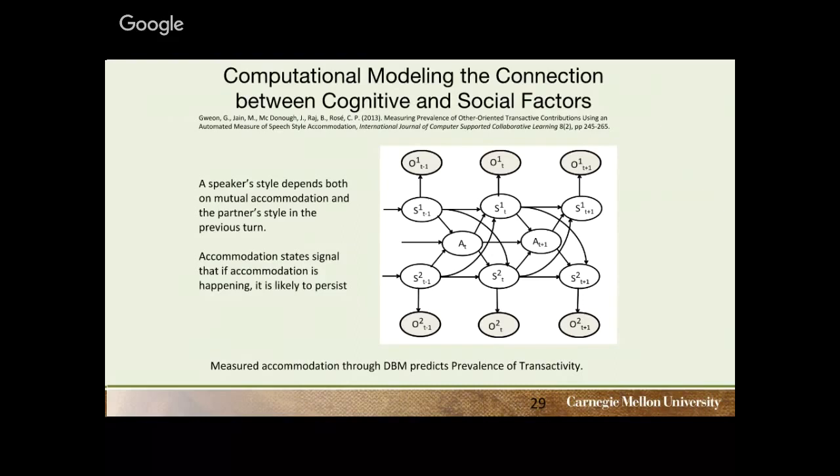That was represented in the network in terms of these accommodation states that maintain this assumption that if what we're seeing is speech style accommodation for this reason, we should see a consistent motion of usage of these features over time. So I'm not going to get into all of the details of how this dynamic Bayes net worked, but there's a European Association for Computational Linguistics paper that describes how this network was successfully able to measure speech style accommodation.